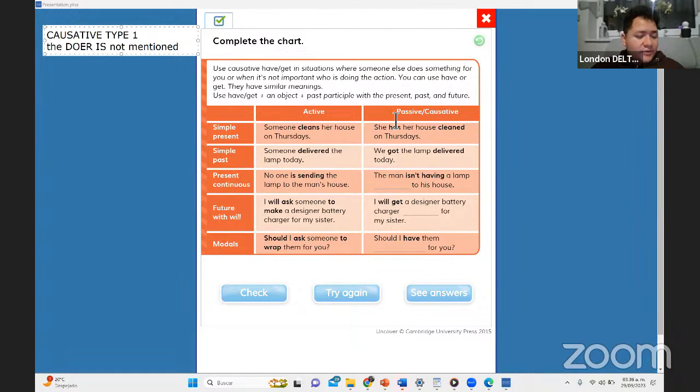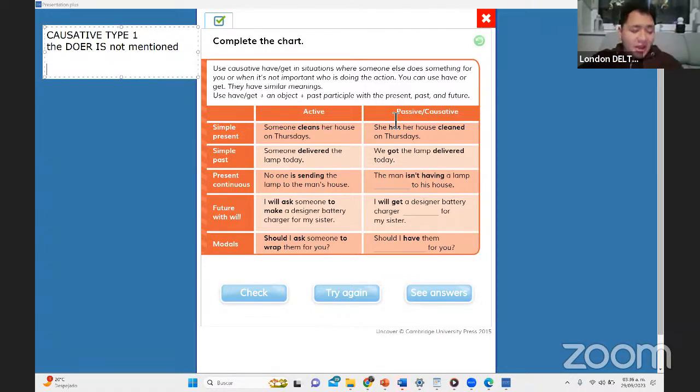Okay. Very well. So yes, this is about it. So this is the causative type 1. When the doer, el que nos ayuda a hacer la acción, entonces no es mencionado. So what is the structure that we use? Okay, so we're going to use have or get. Se puede utilizar have or get. Okay. Have or get aquí literalmente no quieren decir ni tener ni conseguir. Okay, no ese es el significado.